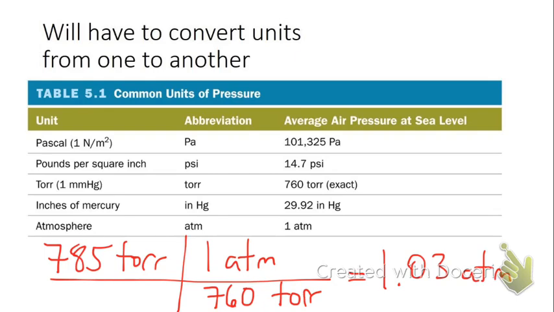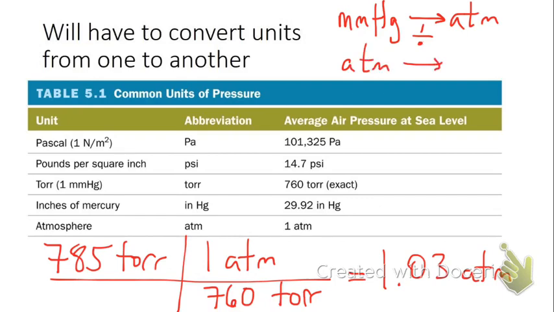So when we go from millimeters mercury to atmospheres, we're going from something bigger to smaller. We're going to divide by the conversion factor. Whenever we go from atmospheres to millimeters mercury, we're going from something smaller to larger, we would multiply by the conversion factor.